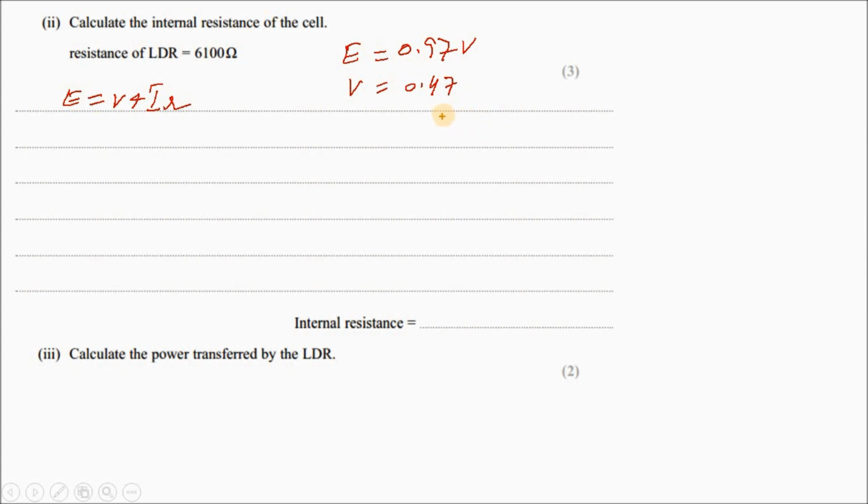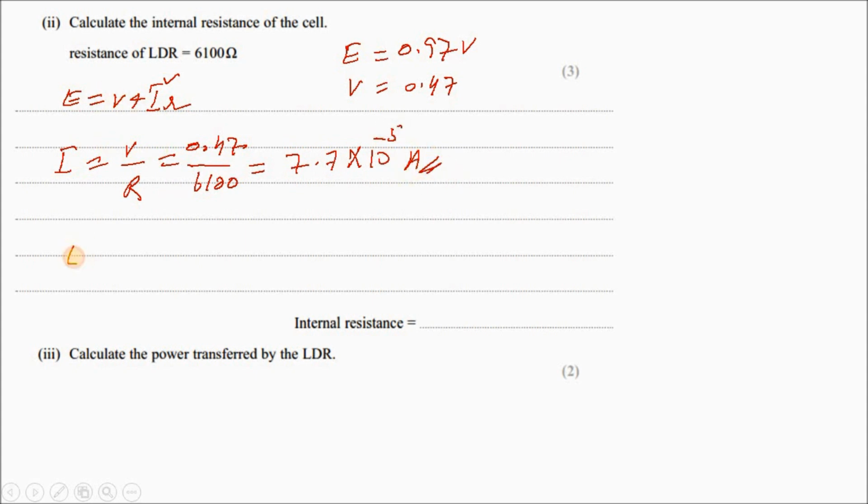So we don't have I, if you see here, but we can find I using I is equal to V by R. So V is 0.47 divided by R. R is the external resistance, which is 6100. So amount of current is 7.7 × 10 to the power minus 5 ampere. This is amount of current.